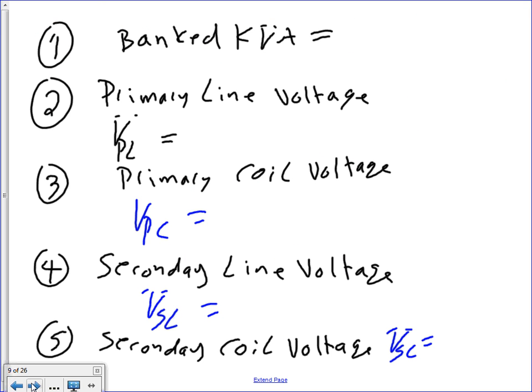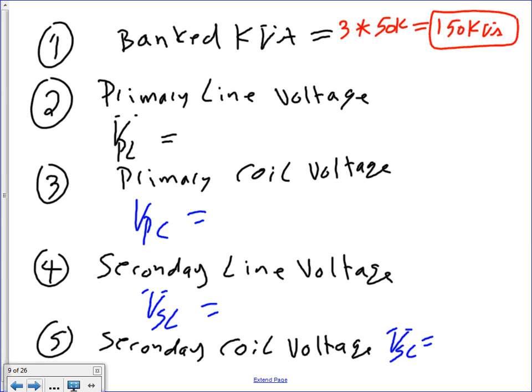So 3 transformers. Banked kVA. What's the banked kVA for these transformers? The banked kVA, guys, is 3 times 50 kVA. Everybody knows why? 3 times 50 equals 150 kVA. Piece of cake. I'm moving a little bit faster on these because 3 times 50 is 150. Everybody knows why 3? Because there are 3 of them.